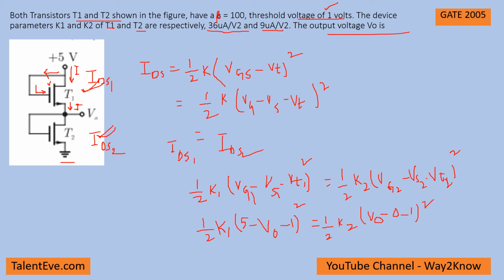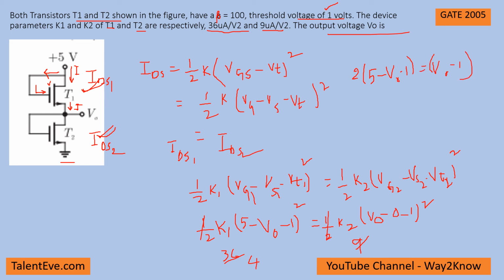Now on both sides half gets cancelled, and K1 is nothing but 36, right? K2 is 9, so 36 by 9 gives 4. If you take the square root on both sides, this becomes 2. Square root of 4 is 2. So 5 minus V0 minus 1 is equal to V0 minus 1.